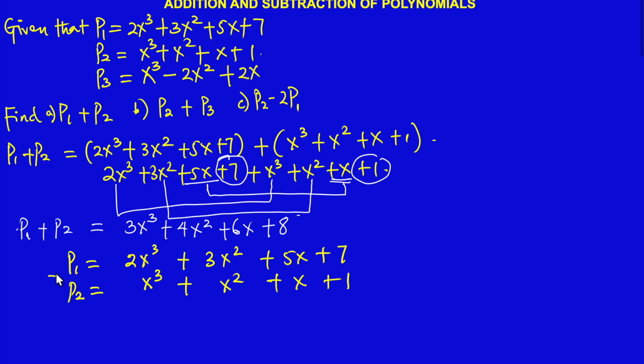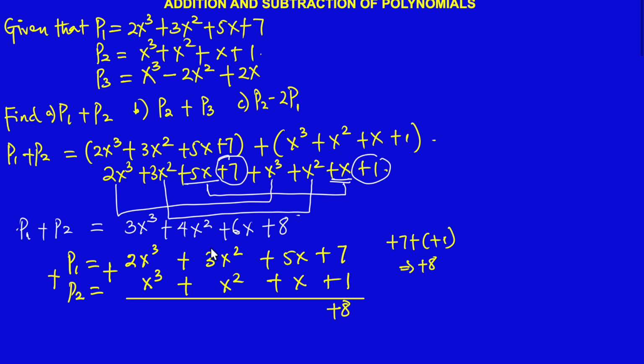So because we are adding P1 and P2 together, we have to add the expressions together as well. So we have a plus 7, and then we are adding that to a plus 1. So it is plus 7 plus 1. That is going to be a plus 8.